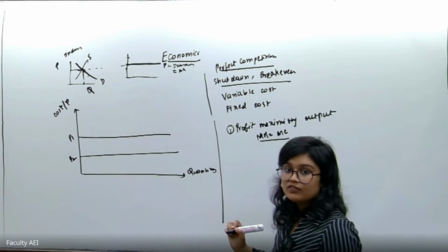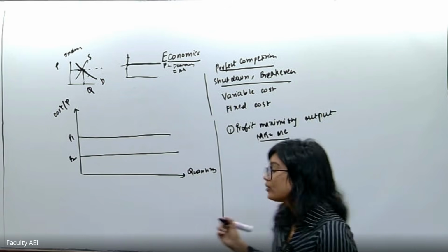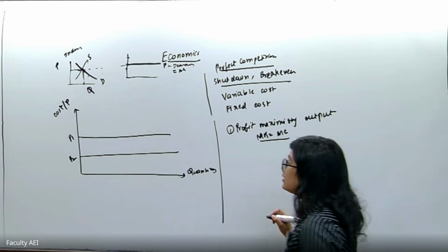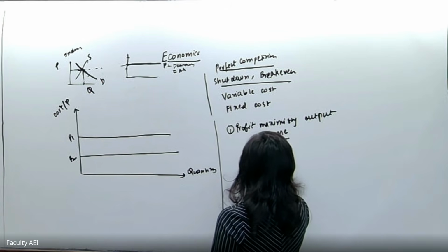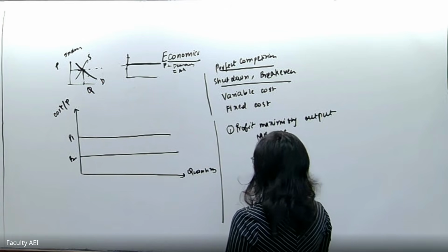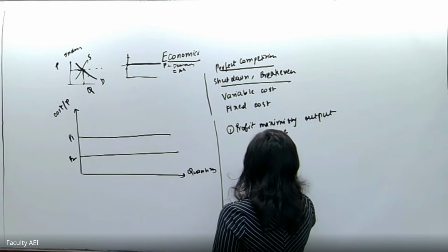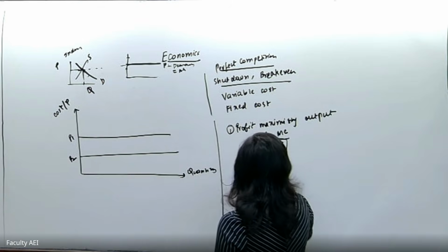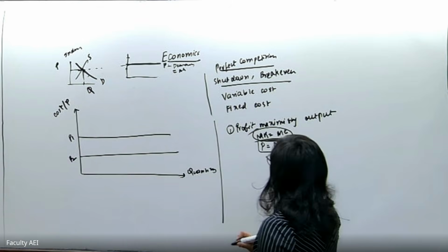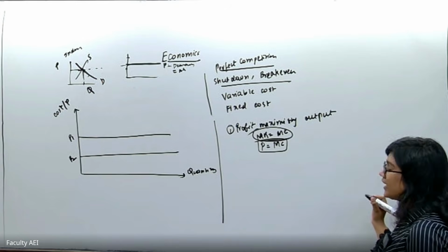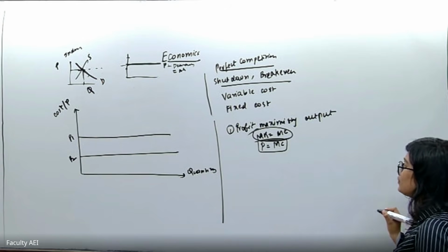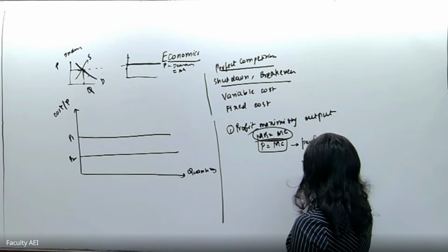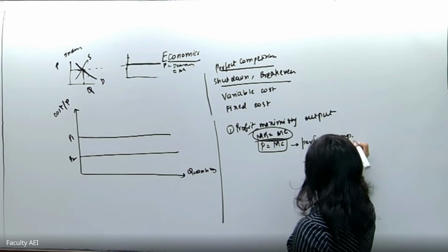For all types of industries, we'll be looking at the point where my marginal revenue is equal to marginal cost. Since here my marginal revenue is equal to price, which we have seen right now, price is equal to marginal cost, and I would be looking at that point. So this is the overall condition for profit maximizing output for all types of organizations. This is specific to perfect competition: price is equal to marginal cost.